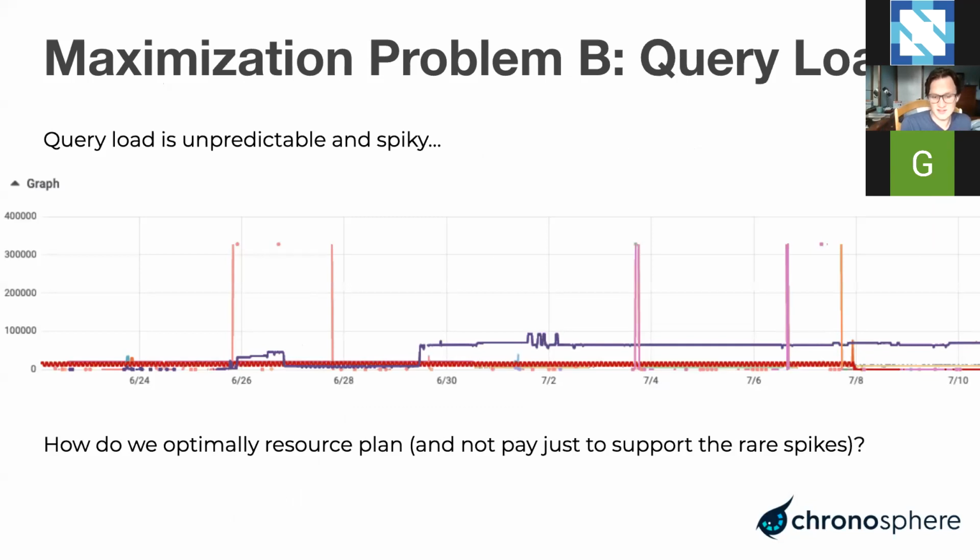It shows how, while query load tends to be generally consistent, it is also unpredictably spiky in many cases. So the question is, given that pattern of usage, how do we make sure that our nodes are provisioned in a way that is resistant to out of memory issues and will be able to handle the cases where there's way more load than the norm?